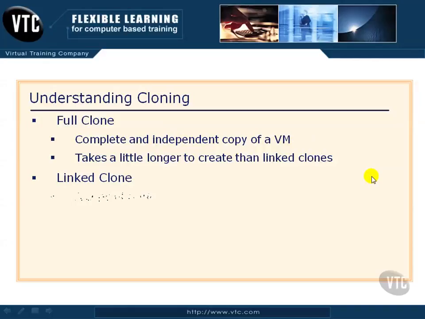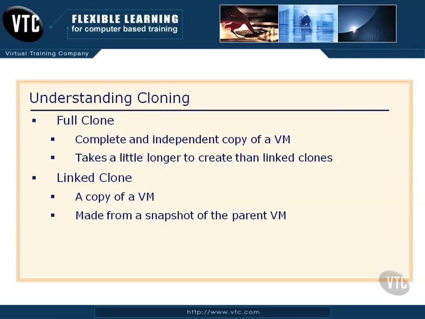Now, a linked clone has kind of a unique purpose. This is a copy of a virtual machine, but it's made from a snapshot of the parent machine. So when we create a linked clone, what we're really doing is more or less taking a snapshot of the parent machine, turning that into a separate virtual machine, but then we're tying it back to the original parent virtual machine.